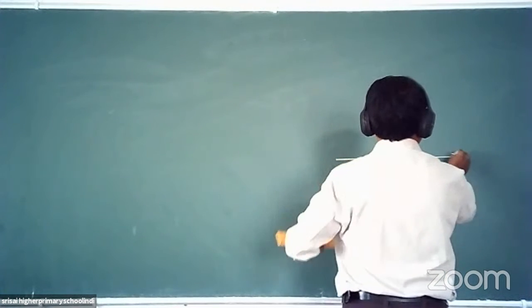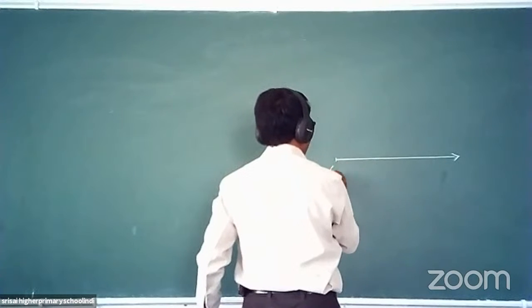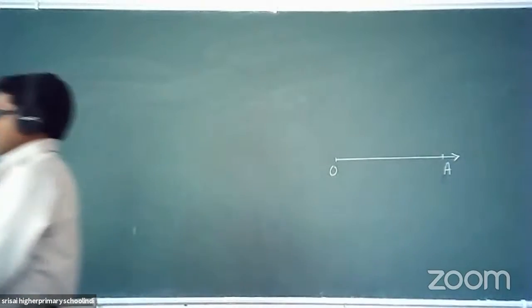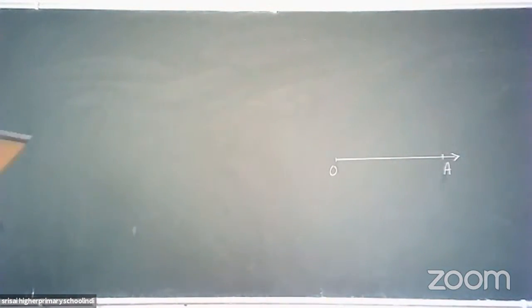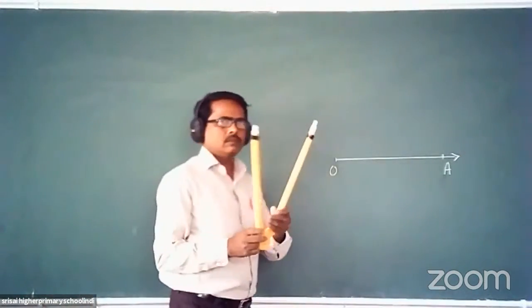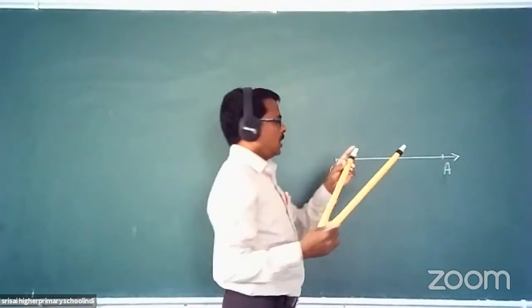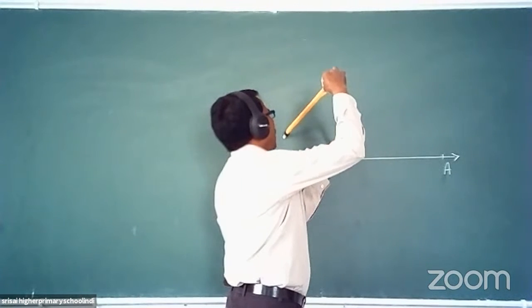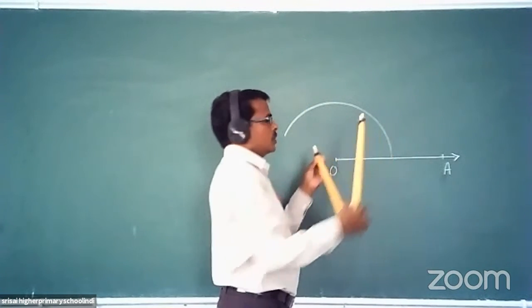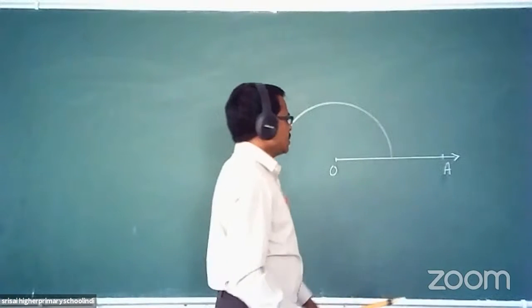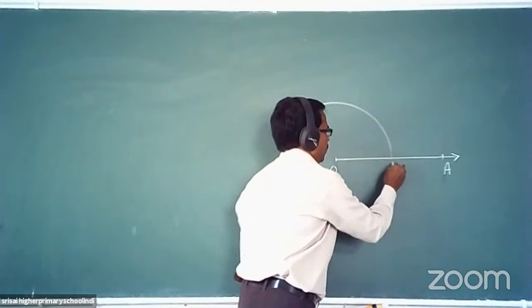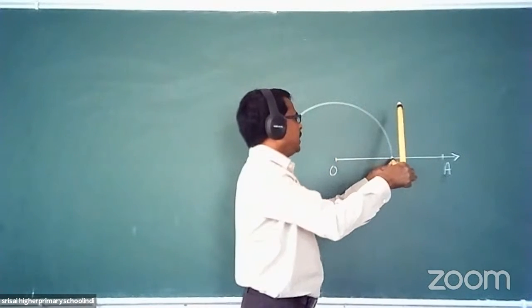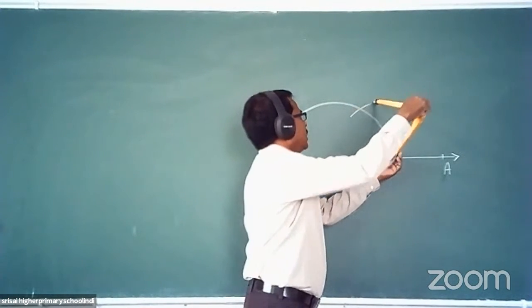Call this OA. Then take your compass. Keep the fixed arm of the compass on O, the initial point. Draw an arc. This arc cuts the ray at point B. Now keep the fixed arm of the compass on B, cut the previous arc.